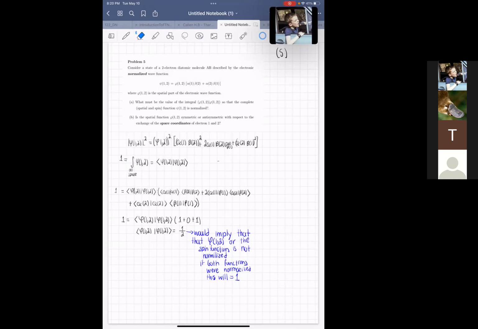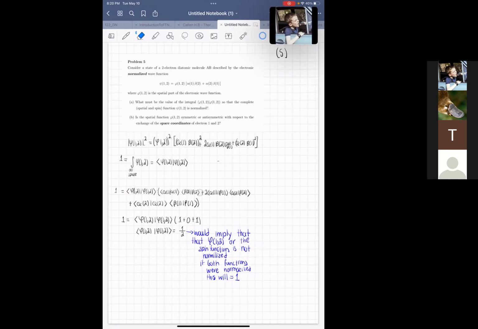Okay, so I believe what I did for this was I tried to normalize it and set the normalization constant equal to 1. So then I used bra-ket notation over here. And then what I did was, since the spin part is normalized, I solve for this here, and I find this is equal to 2.